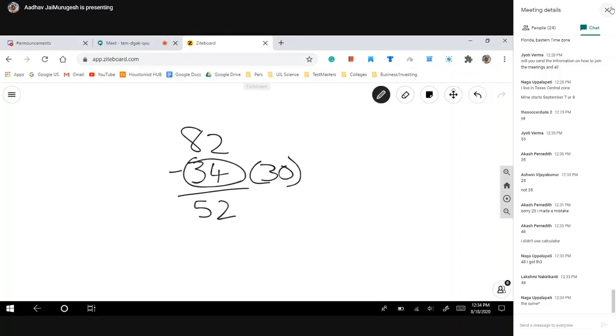Then you would determine what you have to do to go from the original number to the rounded number, from 34 to 30.